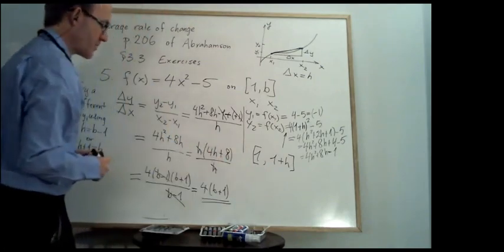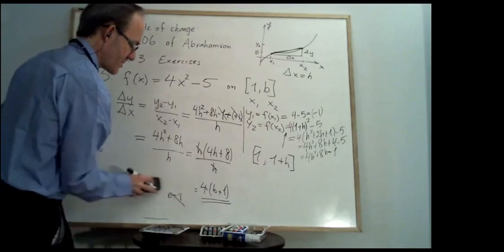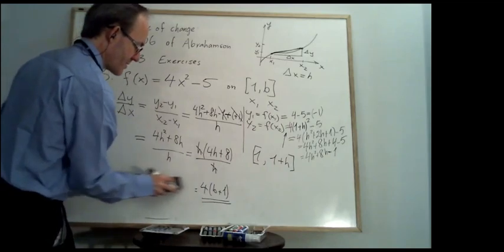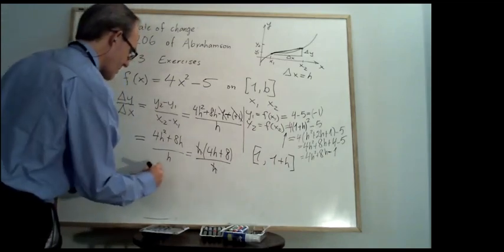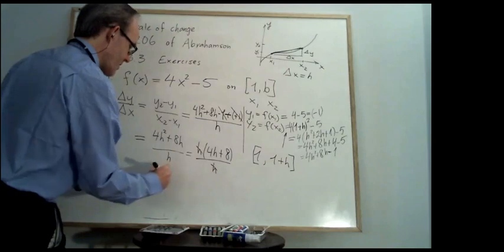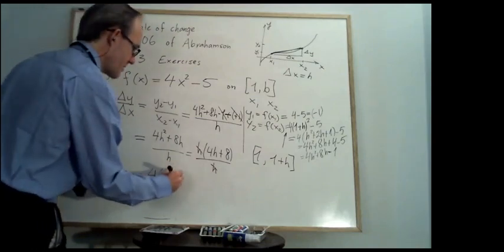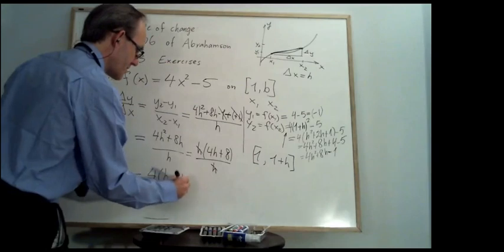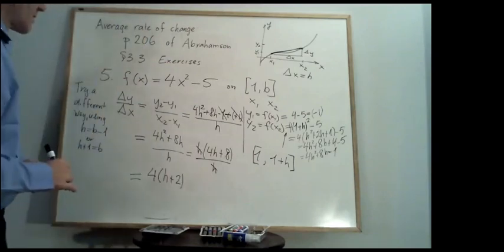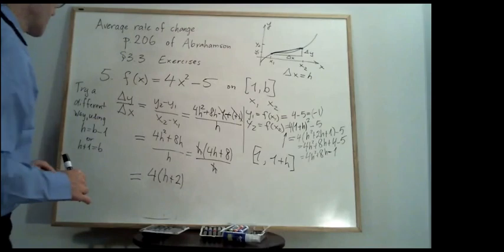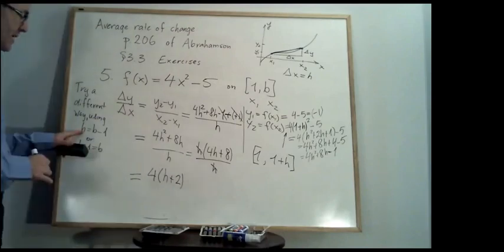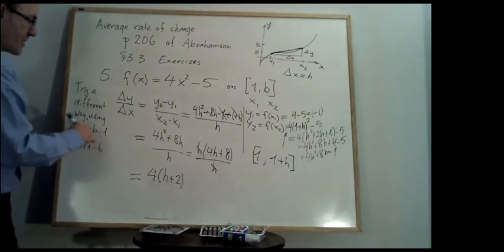So I get 4h plus 8, which I can write as 4 times h plus 2, and that is equal to, if I substitute back to get b, I have to take h and plug b minus 1 in there.